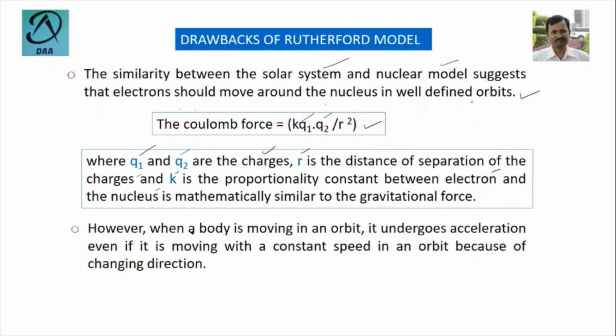However, when a body is moving in an orbit, it will get an acceleration even if it is moving at constant speed, because in the orbit the body is changing its direction.